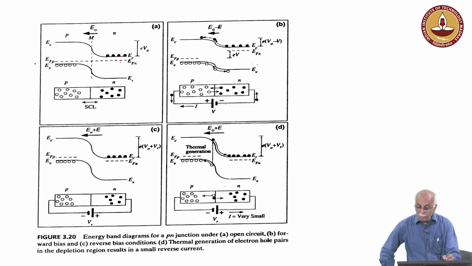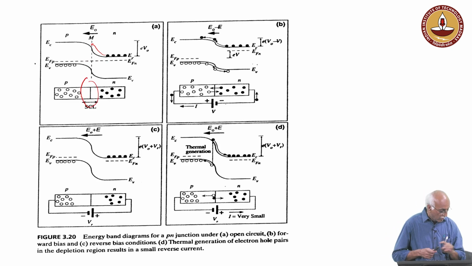If it is n doped, the Fermi level will be nearer to the conduction band, and if it is p doped, the Fermi level will be nearer to the valence band. And it is not very easy for an electron to climb up and diffuse through this layer. Okay, basically.